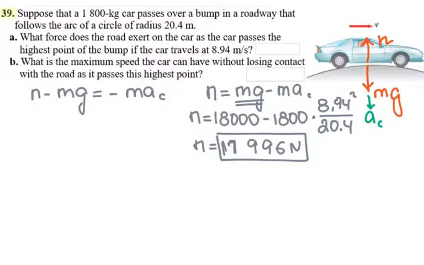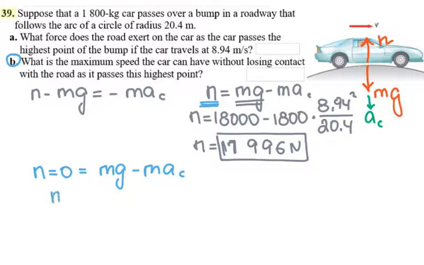But for the second part, they ask for the maximum speed at which the car would not lose control. So for the maximum speed, your normal force is going to be equal to 0, because if the car is losing contact with the road, your normal force is going to be equal to 0. So what I have for B, the normal force is equal to 0 and equals mg minus m a_c.